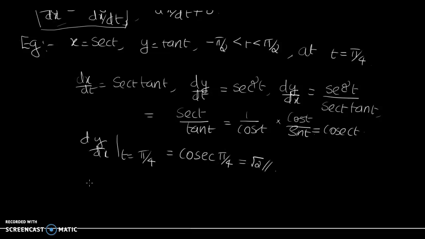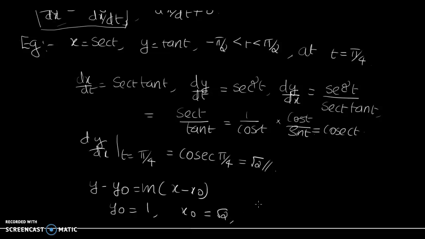And what is the tangent line here? Y minus y naught equal to m into x minus x naught. At t equal to pi by 4, y naught equal to 1 and x naught is equal to root 2.